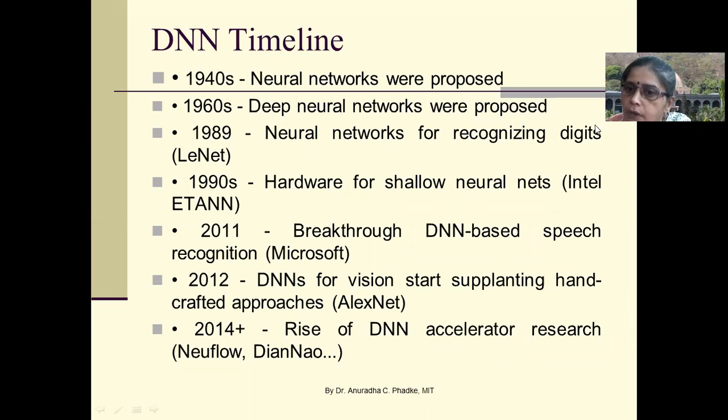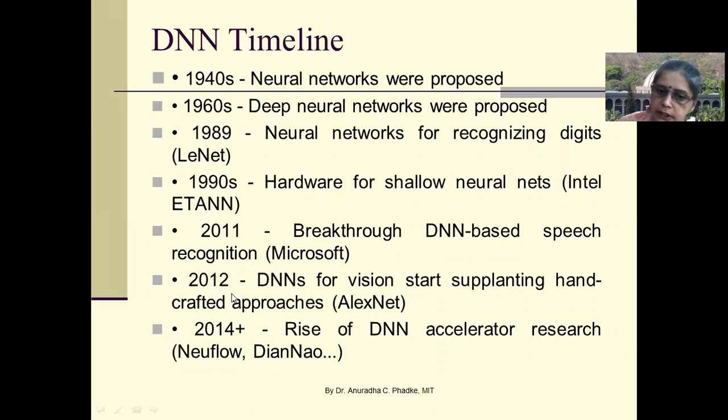It was for recognizing digits and the network architecture name is LeNet. Okay. Then in the 1990s, hardware for shallow neural networks was available from Intel, ETANN. Okay, so in 2011, some speech recognition deep neural networks were introduced by Microsoft.